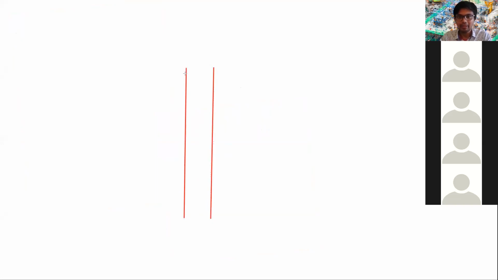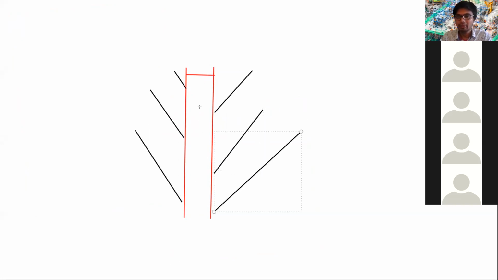This is the soil, underground. You have to make sure that while the auger is removed, the surrounding soil does not collapse and fill the hole which is created.